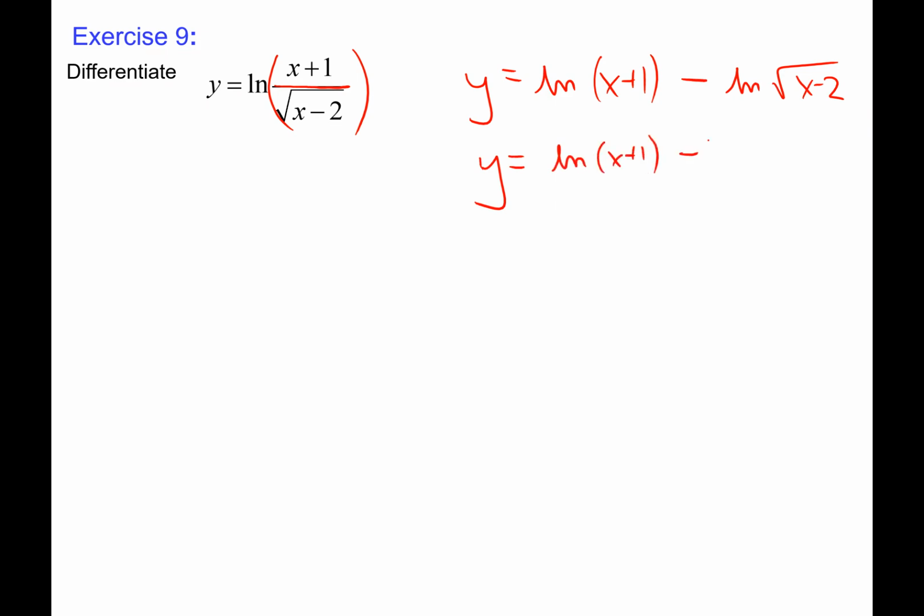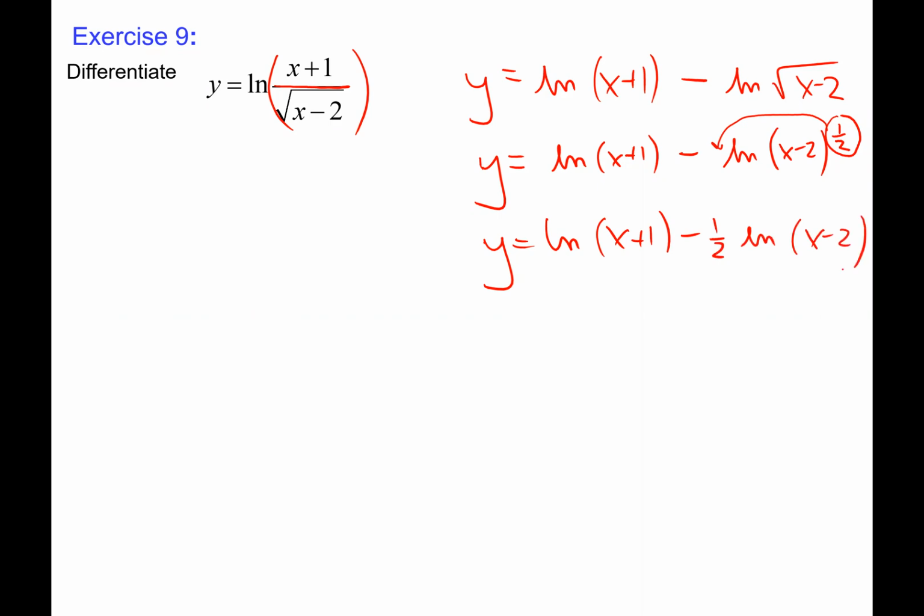Also, square root means that I am taking my quantity to the power of half. And also one of the properties is that the 1/2 I can place in front. That means my function is natural log of x plus 1 minus 1/2 natural log of x minus 2.